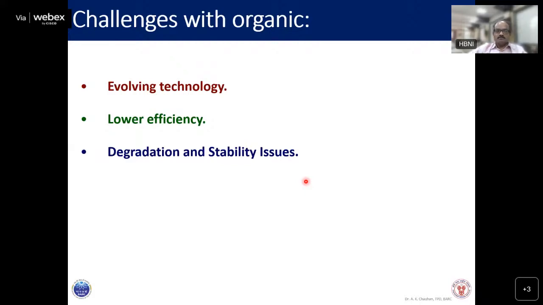And there are major issues regarding degradation and stability of the solar cells. The present organic materials which are being used or studied for solar cells are unstable and they degrade very fast if you put them under atmosphere. And there is batch to batch variation, because the materials utilized are specific materials prepared for this purpose only.